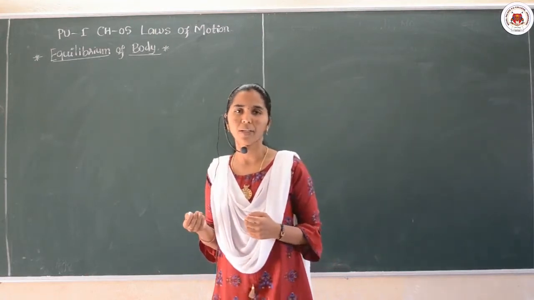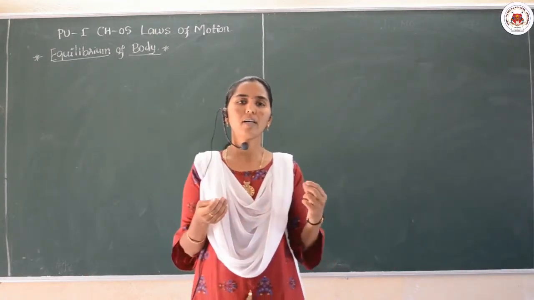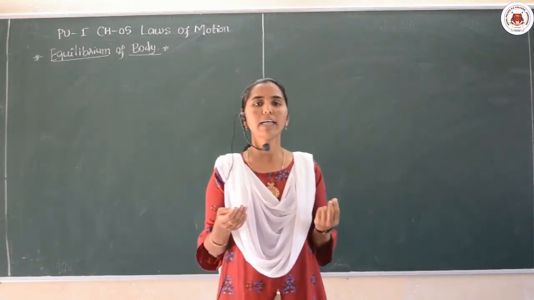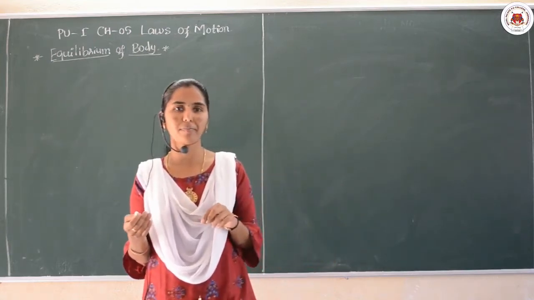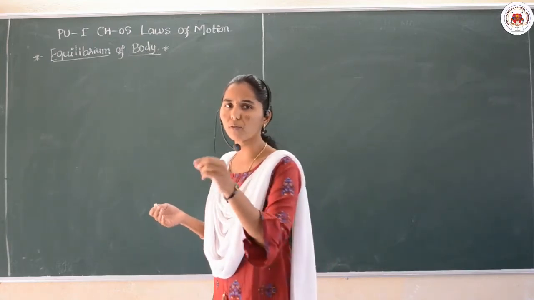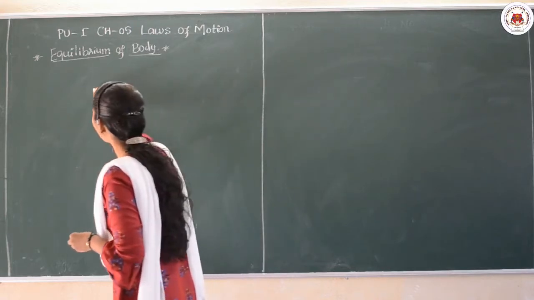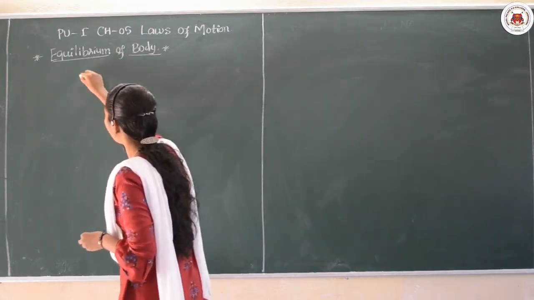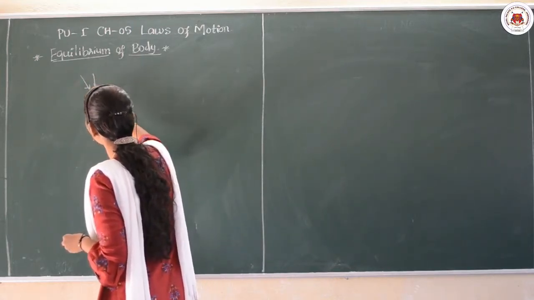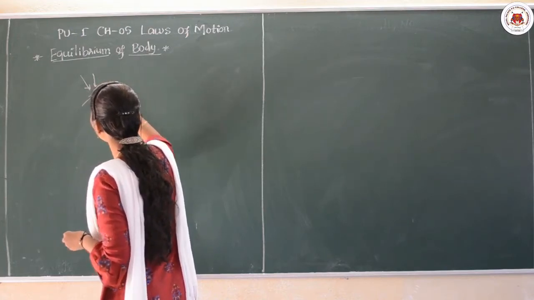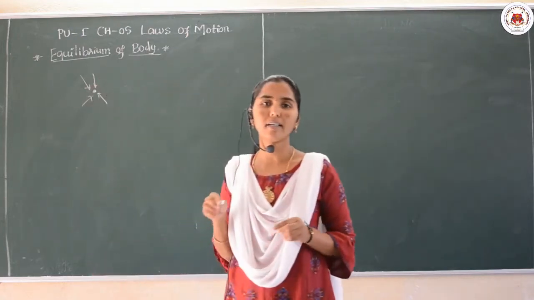Concurrent means the number of forces which are acting at the same point. If all the forces are acting at the same point, assume here is the point and a number of forces are acting at this point, then it is called a concurrent force.